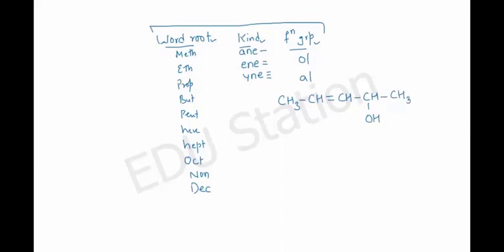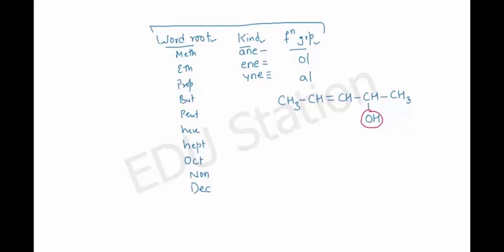The first thing that we identify when we are given any structure is the functional group. In this case, our functional group is alcohol. We will number the carbon chain in such a way that alcohol gets the lowest number. So I can number it from left to right or right to left.